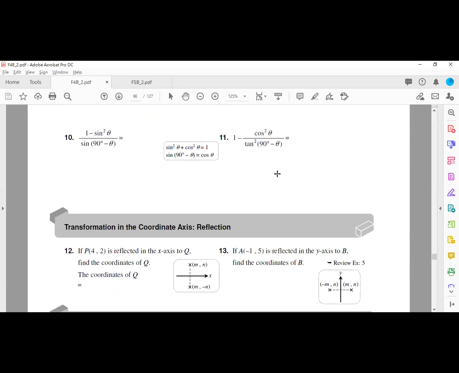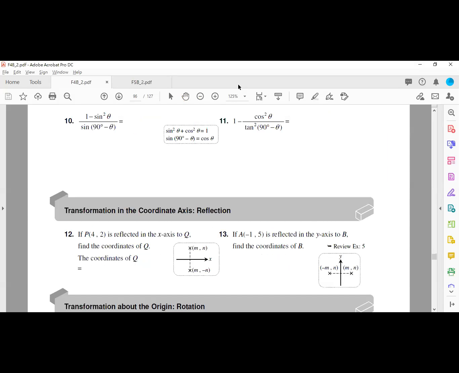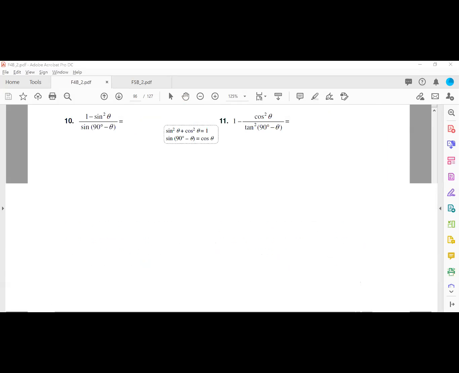Number 10。我哋做埋 number 10同埋 number 11，之後嗰啲唔使做，暫時係唔會用到。好啦，number 10。Again, we can see the 90 degrees minus theta, right? So we need to handle the 90 degrees minus theta first.